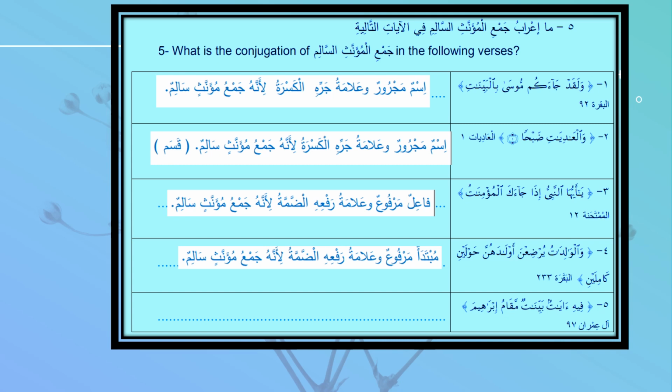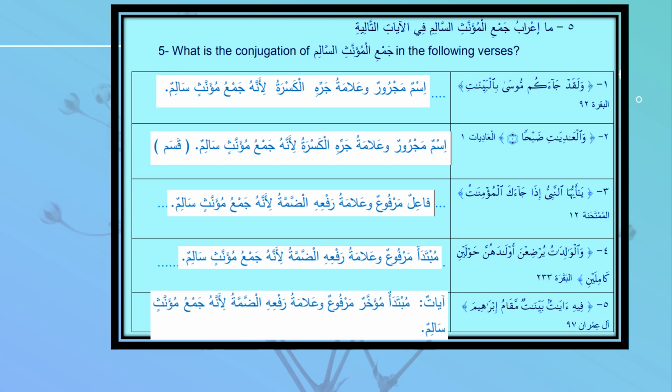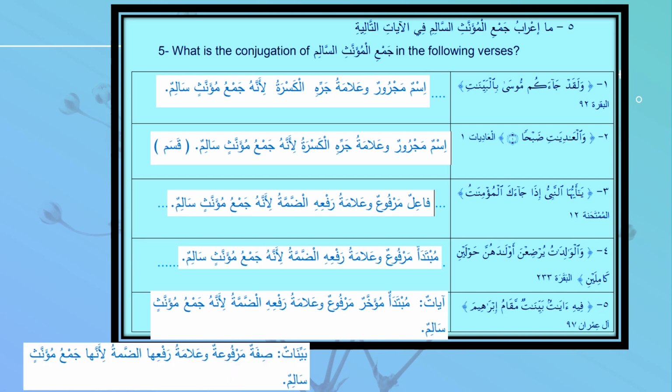So let's check. Both of them are Jama Muannas. Ayatun is mubtada muakhar, that is late mubtada, alama raf damma liannahu Jama Muannas salim. And bayyinat is also sifa. Since it's following the mubtada, bayyinat is sifa marfuatun with damma liannahu Jama Muannas salim. Both of them are Jama Muannas.